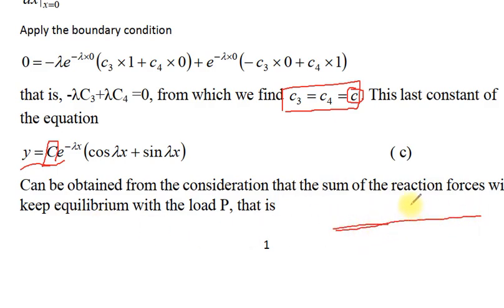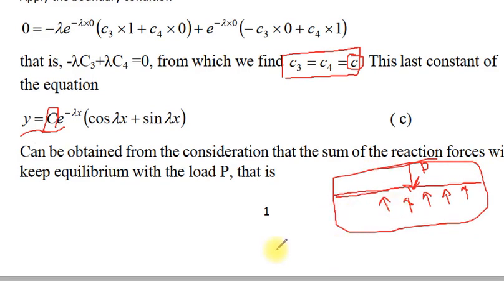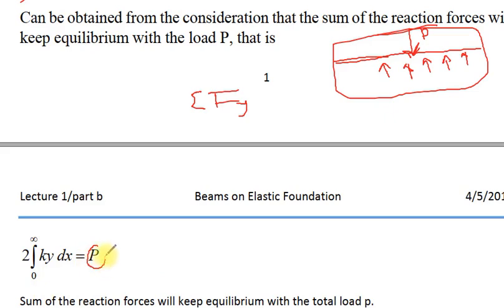Here is the beam subjected to force P, and here is the reaction, the soil pressure, the spring reaction. In this case, applying summation Fy gives us P equal to the integral of Ky dx from 0 to infinity, multiplied by 2 because of symmetry.